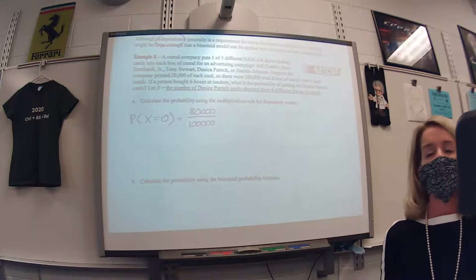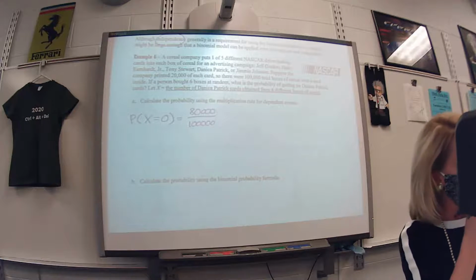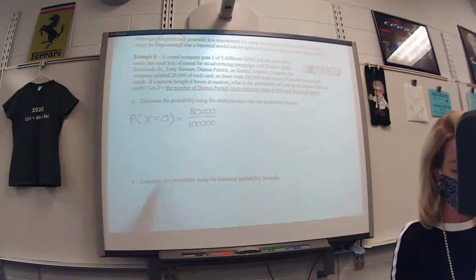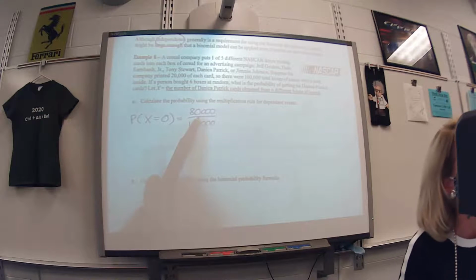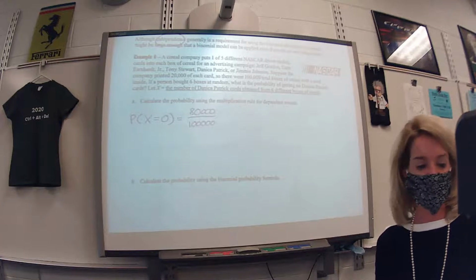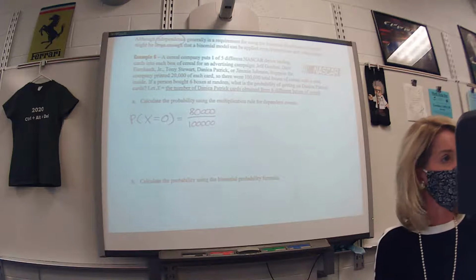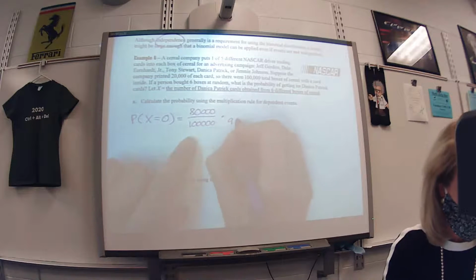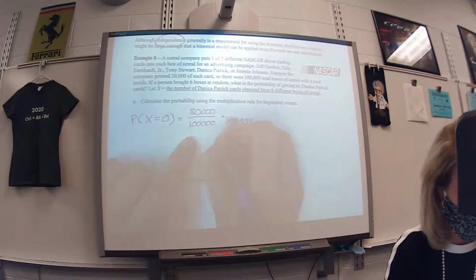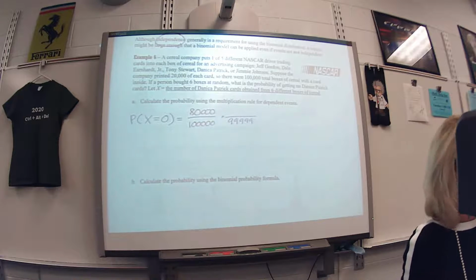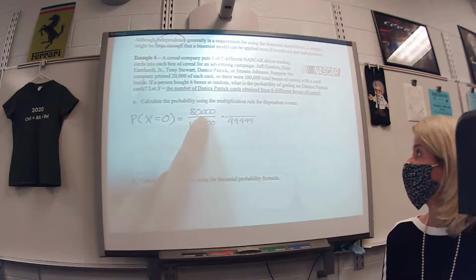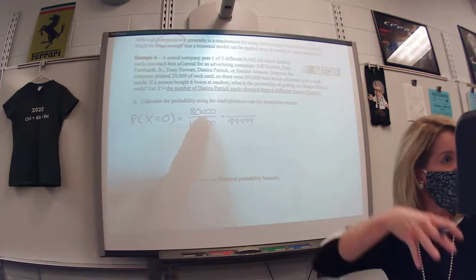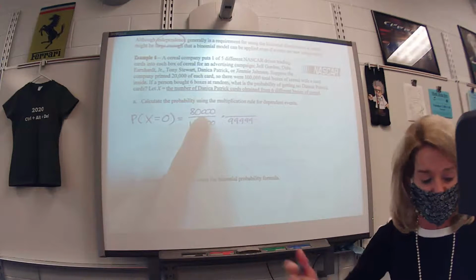But how the rule for dependence worked is you have to assume you were successful. So we have to assume that we didn't get Danica Patrick the first time. Let's say we got Jimmy Johnson. Cool. So now the next time we draw, we have 1 less card. And we also now have 1 less here, because we have to assume that I now took a Jimmy Johnson card out of the picture.